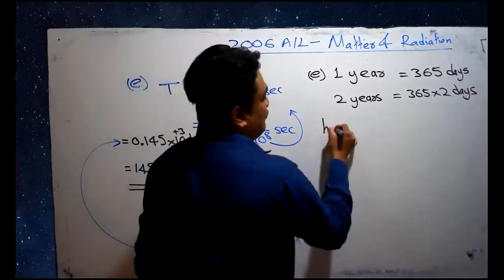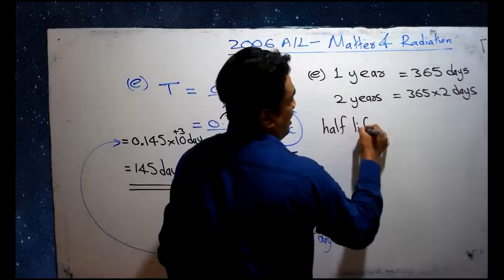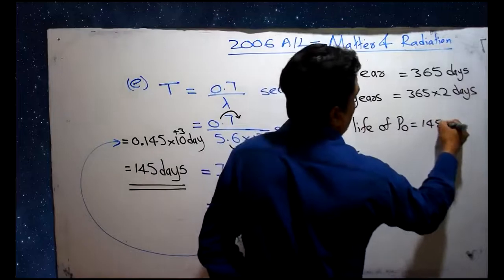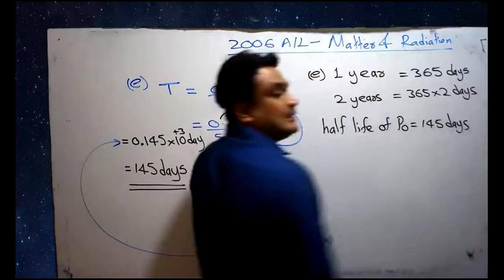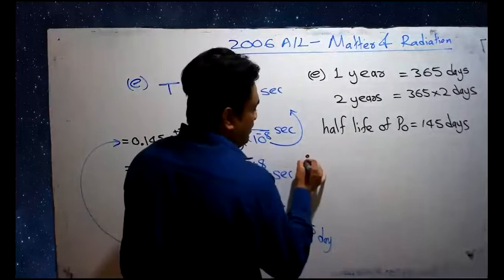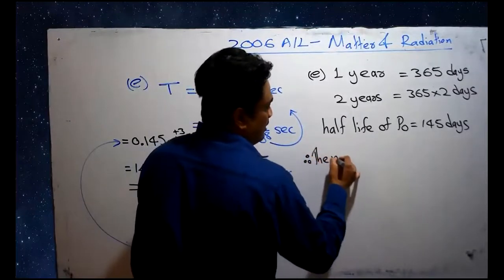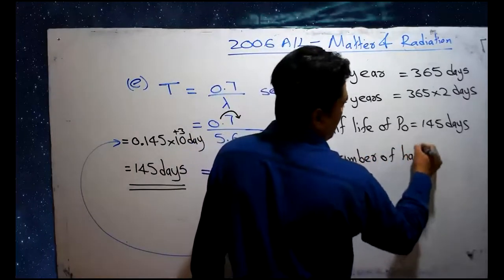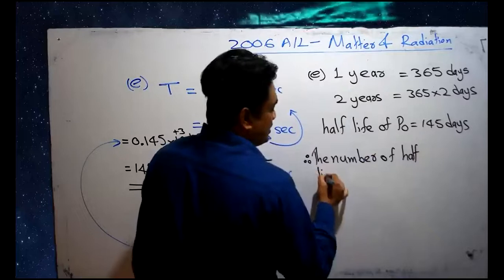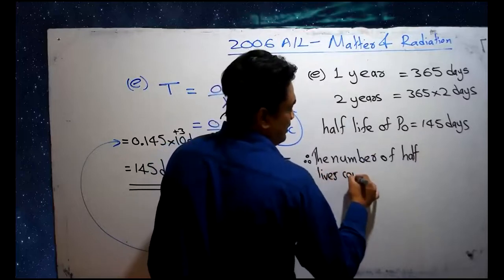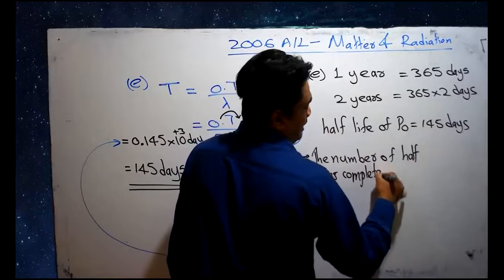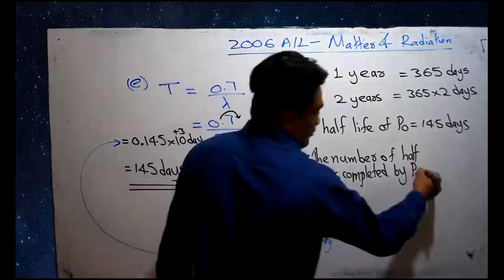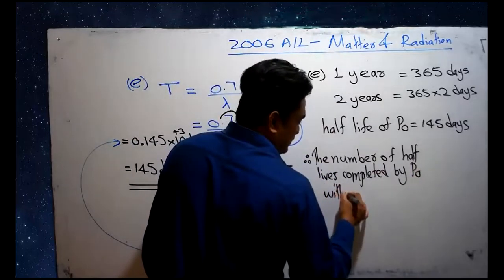So what is the half-life of polonium? Half-life of polonium, 145 days. So can you tell me the number of half-lives completed by polonium within 2 years?